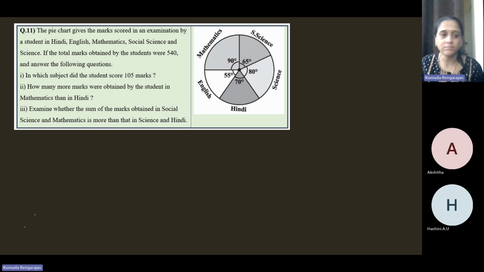What are the different subjects? Hindi, English, Maths, Social Science and Science. These 5 subjects. The total is 540. And the question is, in which subject did the students score 105 marks? How do you do this?